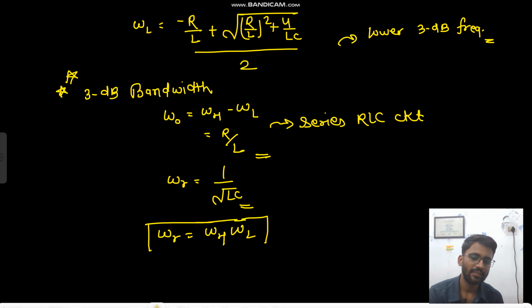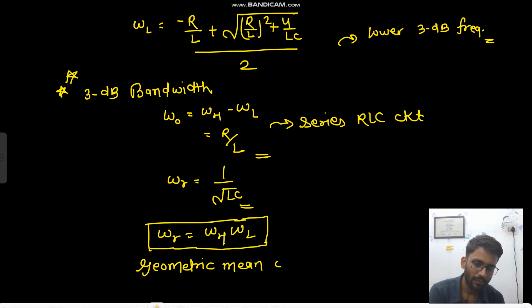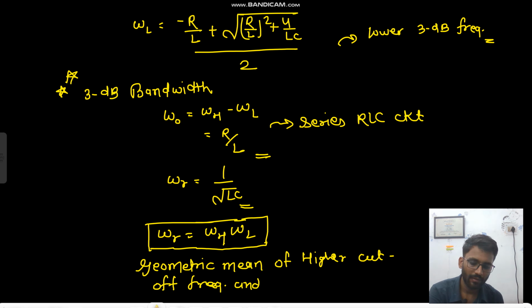The resonance frequency is the geometric mean of the higher cutoff frequency and the lower cutoff frequency.